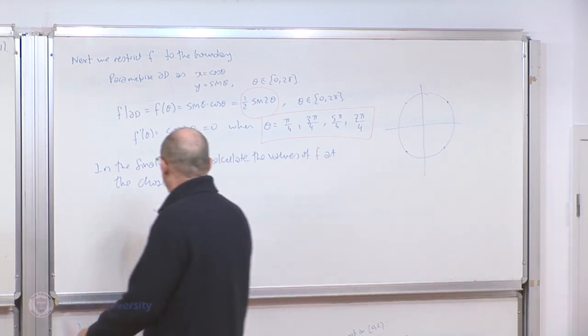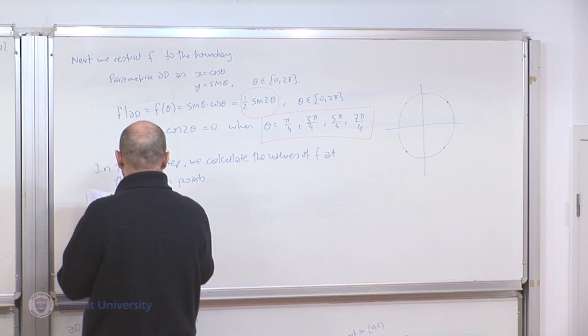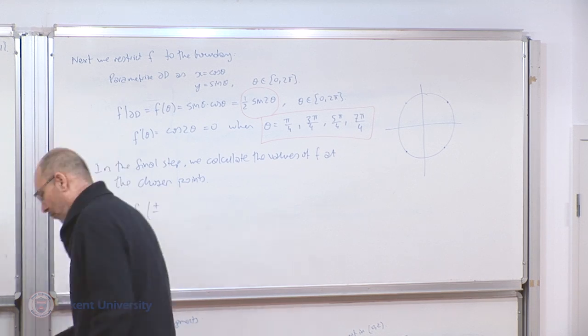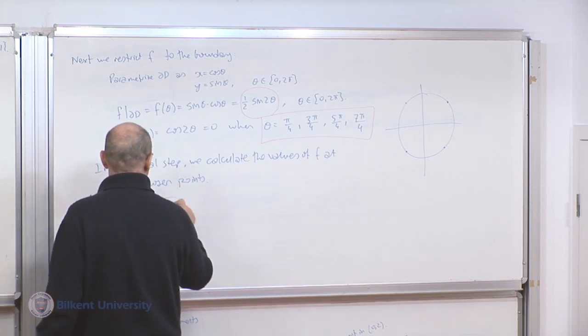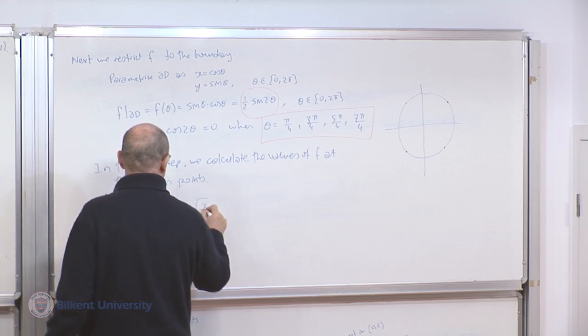Okay, now I have this point, first of all, f at plus or minus square root 3 over 8, square root 3 over 8 plus or minus square root 3 over 8.